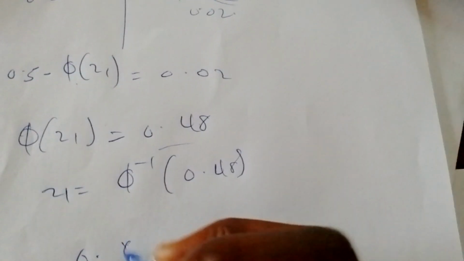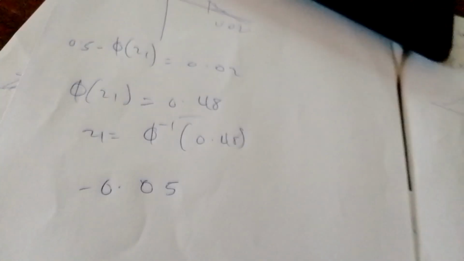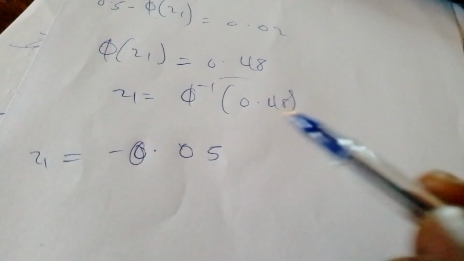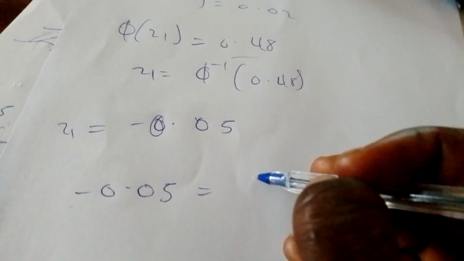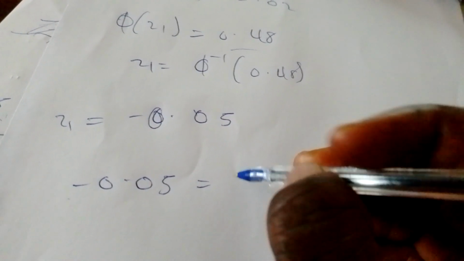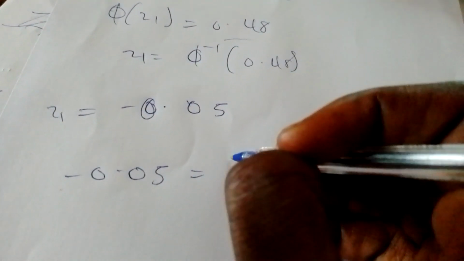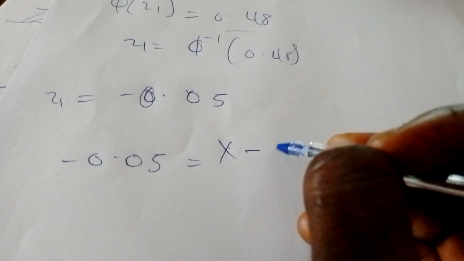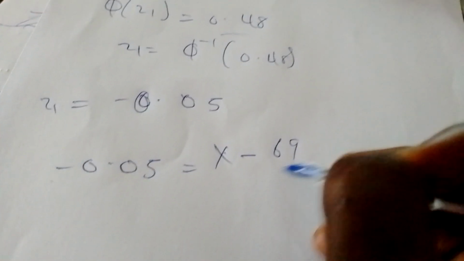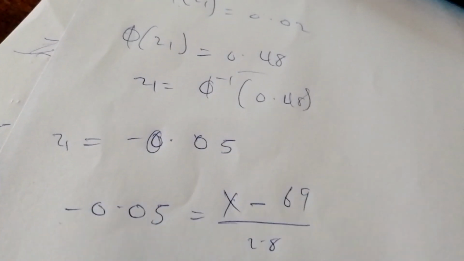Negative 0.05. I'm checking this out to see if it makes sense. What we're getting is negative 0.05, so negative 0.05 equals your x, which we are looking for, minus 69 all over 2.8.